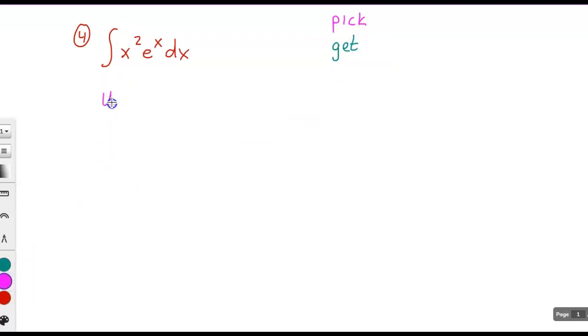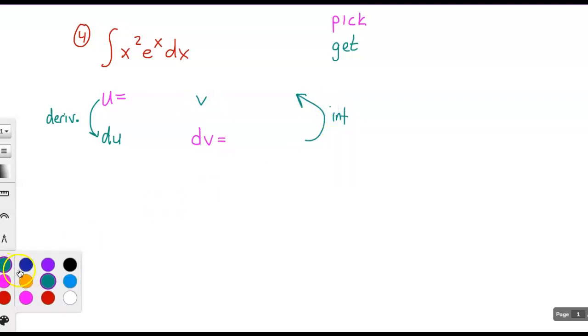I'm going to pick u, I'm going to pick dv, I'm going to get du by taking the derivative, and I'm going to get v by taking the integral.